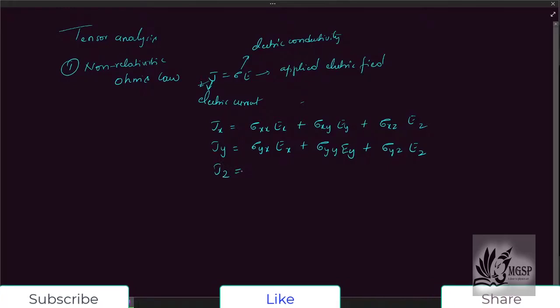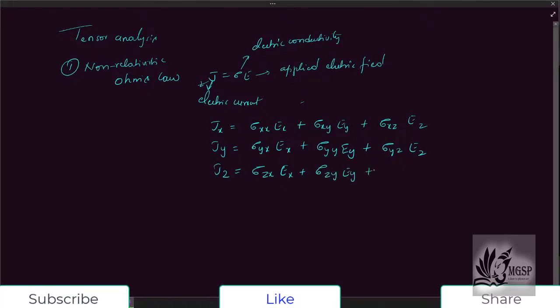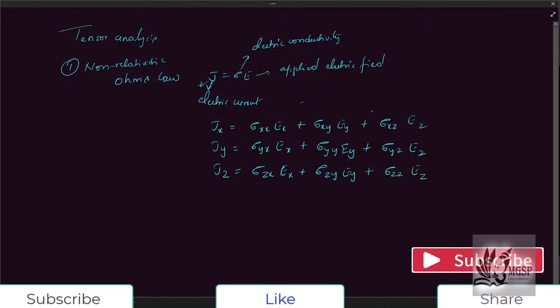Similarly Jz is sigma zx Ex plus sigma zy Ey plus sigma zz Ez. So these are the Cartesian components.